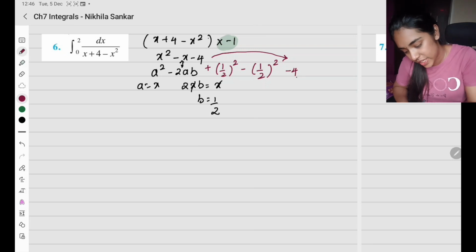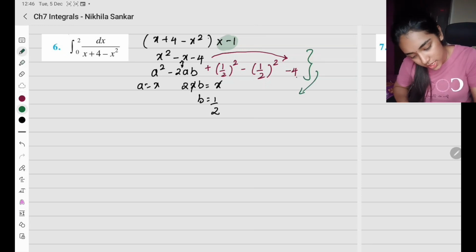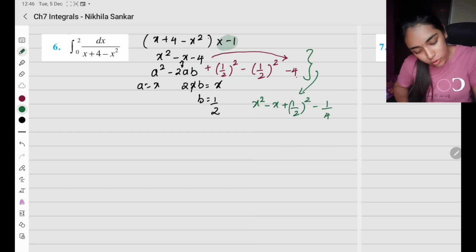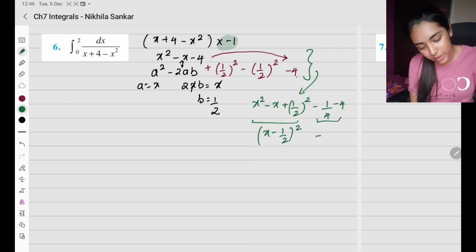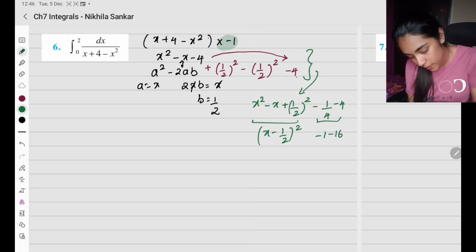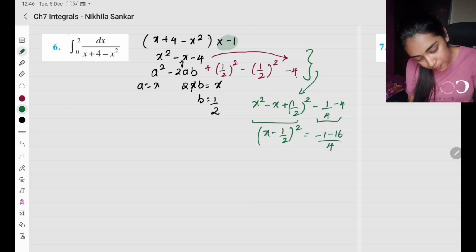So from these two equations, I have x square minus x plus 1 by 2 the whole square minus 1 by 2 the whole square minus 4 divided by 4. So this is going to be x minus half the whole square. And this, when I take the LCM, I have minus 1 minus 4 minus 16 divided by 4. This is going to be minus square root of 17 divided by 2 the whole square.